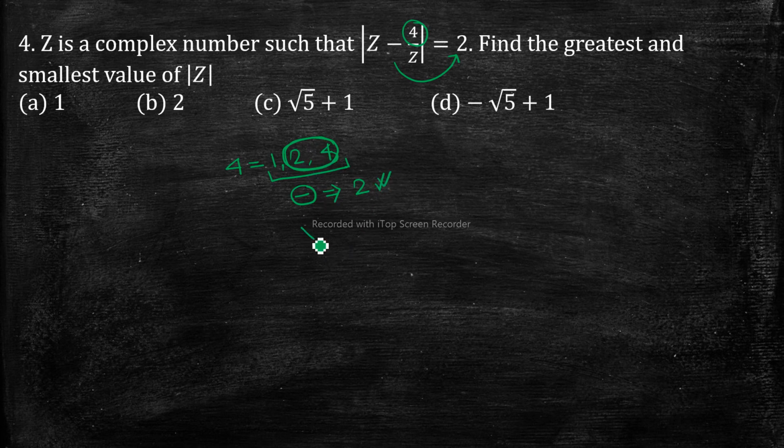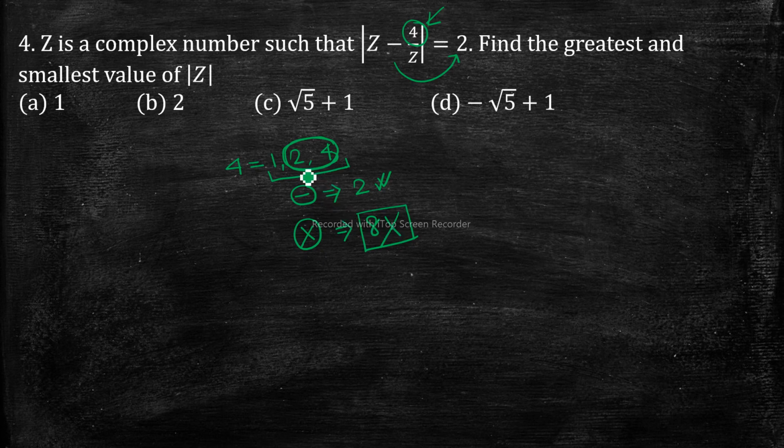Now you have to take the product. 2 and 4, if we multiply, what is the result? 8. But our constant term is 4. That means this is not going to satisfy. I said both conditions should be satisfied, one is subtraction and one is multiplication. Subtraction is satisfied, but the product is 8, so it does not satisfy our condition. So from here we cannot identify the greatest value 4 and smallest value 2.